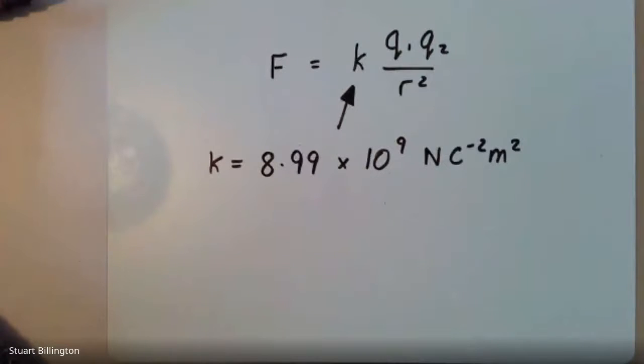But 100 years after that, after his law had been properly established and people had been using it for a long time, and the 9 times 10 to the 9 was working very well, a Scottish theoretician called James Clerk Maxwell took Coulomb's law and glued it together with some other things that had been discovered since. He glued it together with some ideas about electric currents and some ideas about magnetism, and he produced what are now known as the Maxwell Equations of electromagnetism.